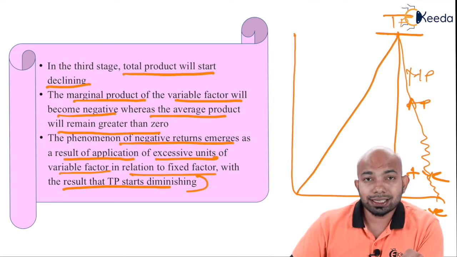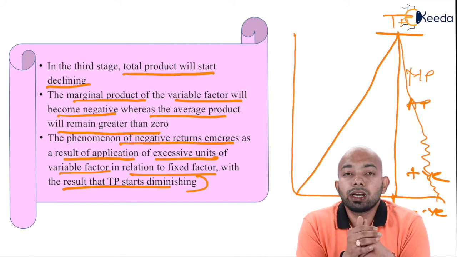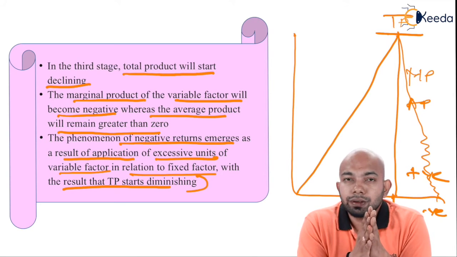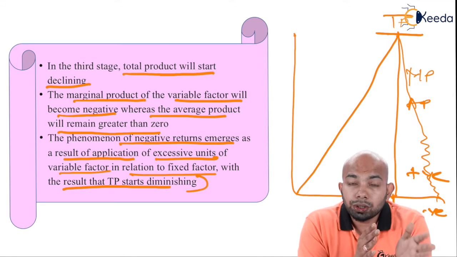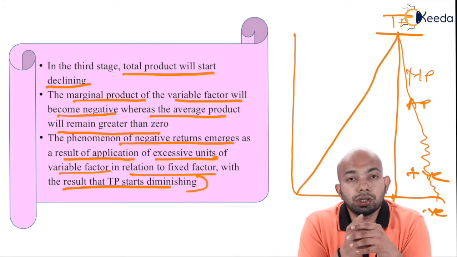Why? Because you have already exhausted your fixed factors. Now you're overutilizing your variable factors just to replace whatever the fixed factors couldn't do here.